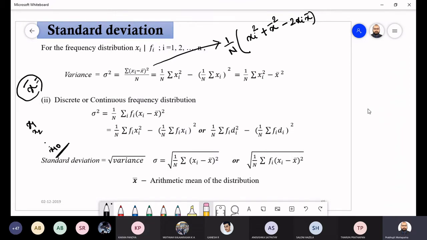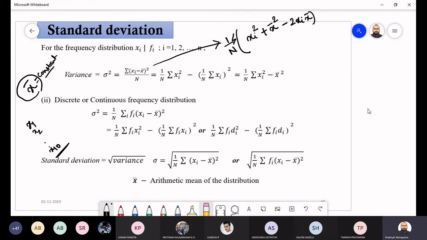Constant. It is constant always. So xi is a variable, it will change: x1, x2, x3, x4 like that.